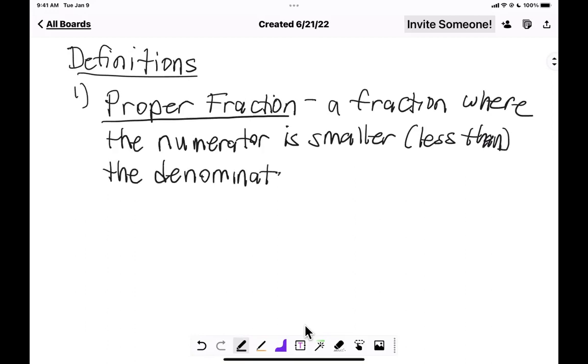These are the kind of fractions that we want to work with all the time. Things like 2/3 is a proper fraction. 5/9 is a proper fraction. 124 over 125. I know I'm getting carried away, but that's the idea. The numerator has to be smaller than the denominator.